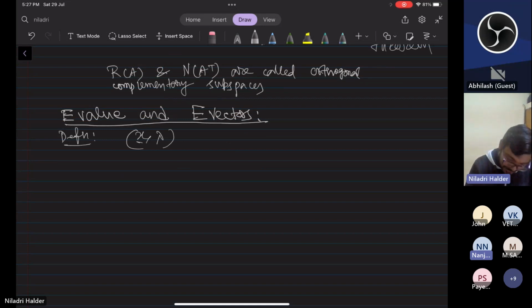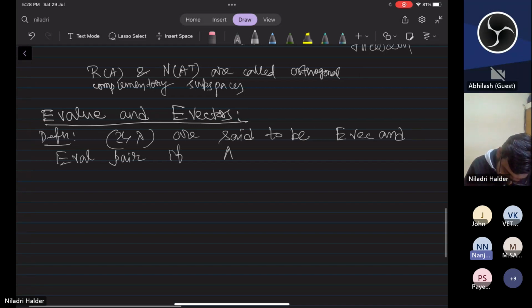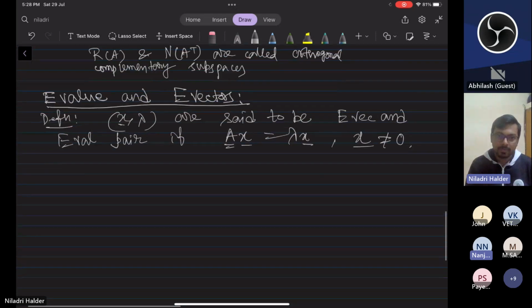They are said to be an eigenvector and eigenvalue pair if Ax equals lambda x, where x is not equal to 0. So if Ax equals lambda x, then we can say that lambda is the eigenvalue corresponding to the eigenvector x.